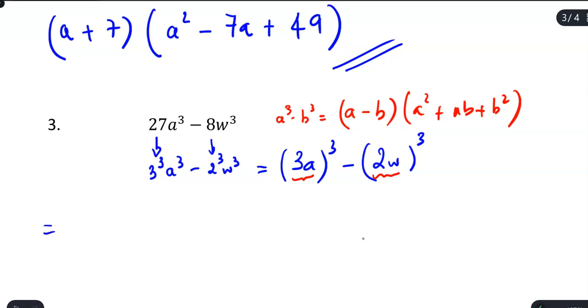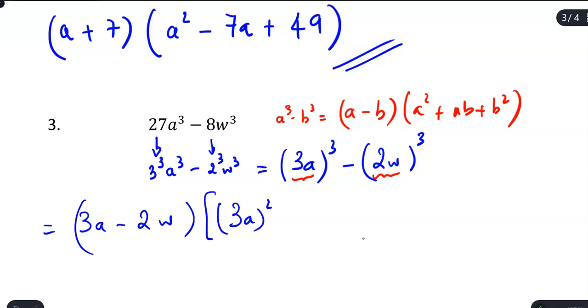So then I should have it as 3a minus 2w, and this whole thing multiplied with 3a all of it squared plus 3a times 2w plus 2w all of it squared.